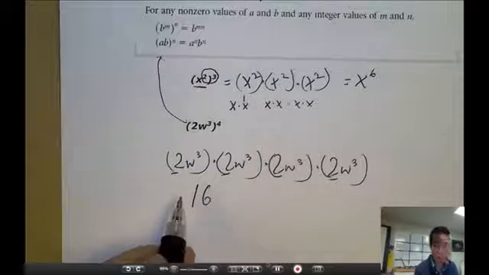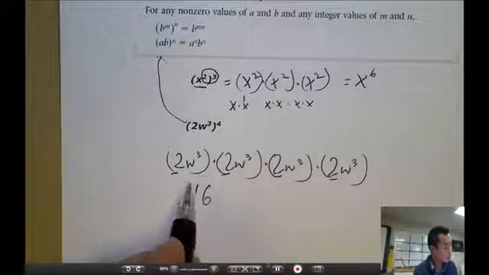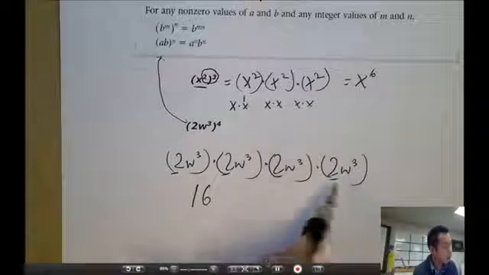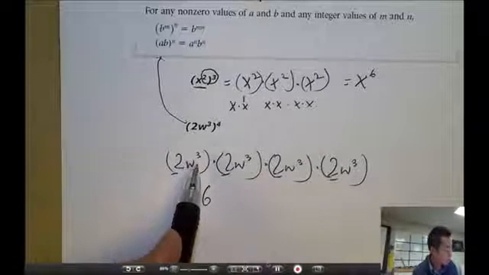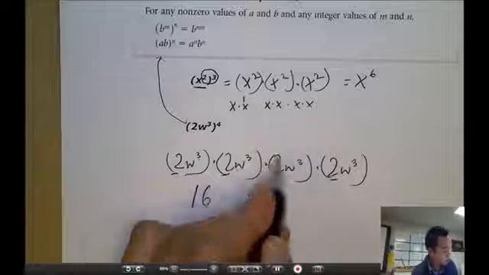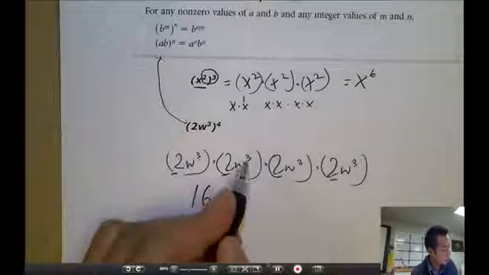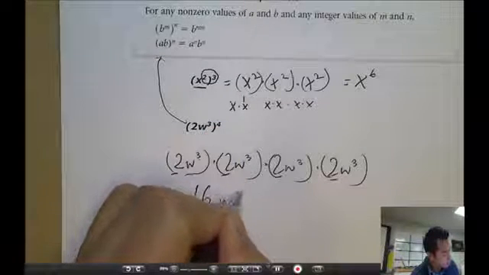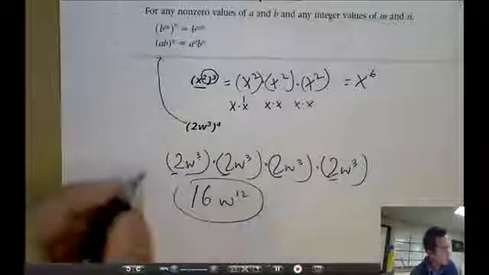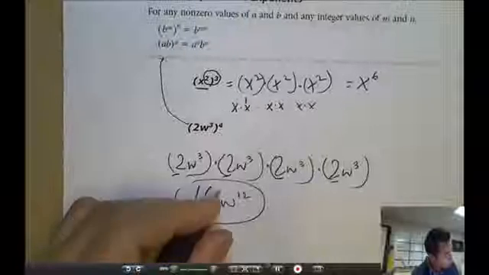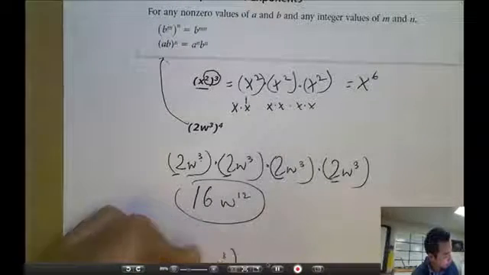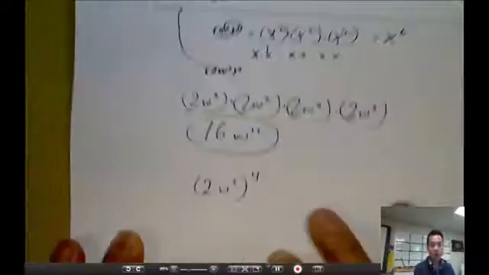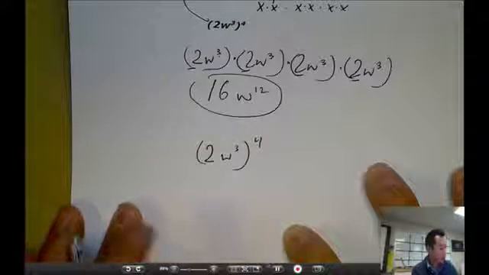And then if you really wanted to, you can write out each w 3 times here and here and here and here. Or, since I'm multiplying my w's with the same base, I just add them. 3 plus 3 is 6, 9, 12. W is being multiplied 12 times. But the rule says that if you know that you're multiplying here, technically speaking, you can break it up.